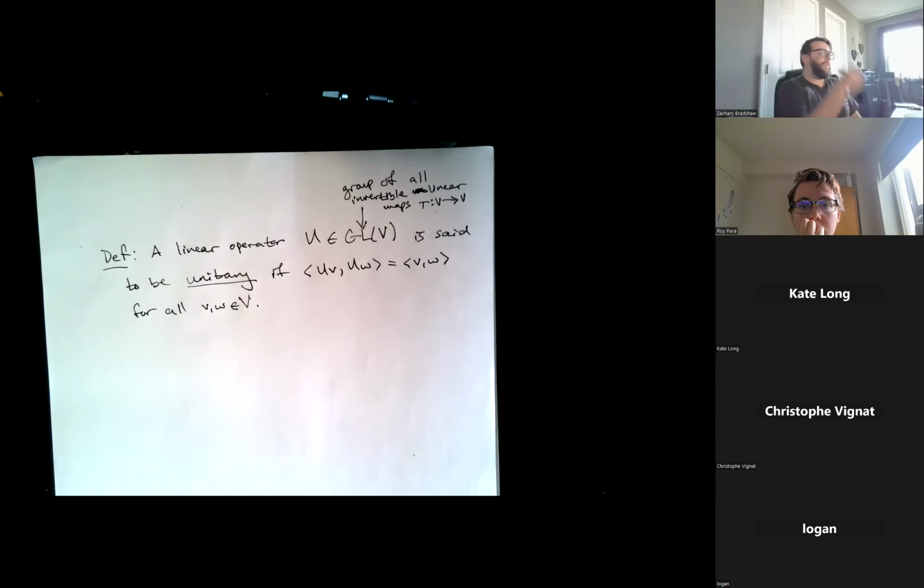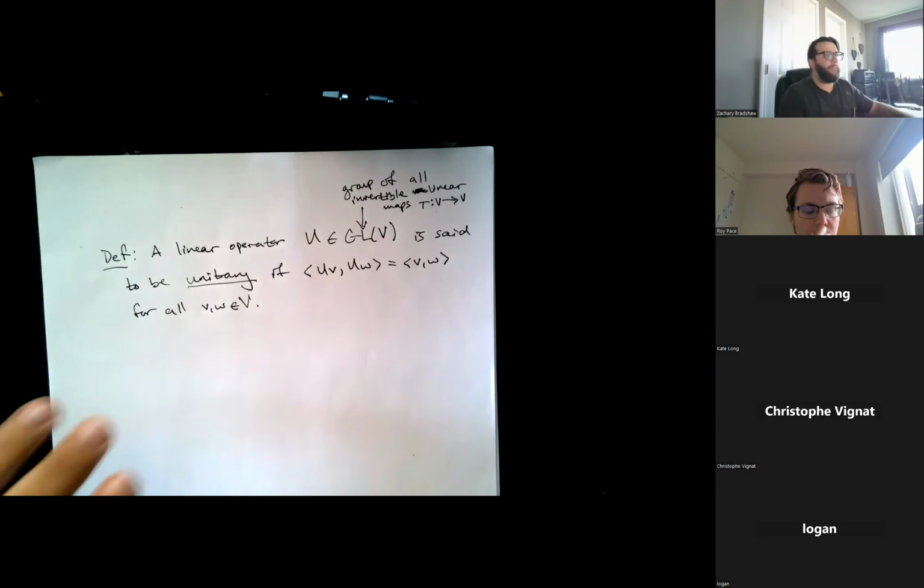Okay, so this definition, for my physicist friends, is probably not what you've seen before. You've probably seen the definition U dagger U equals the identity, and these are actually equivalent to each other. I think I'll show that in a moment.